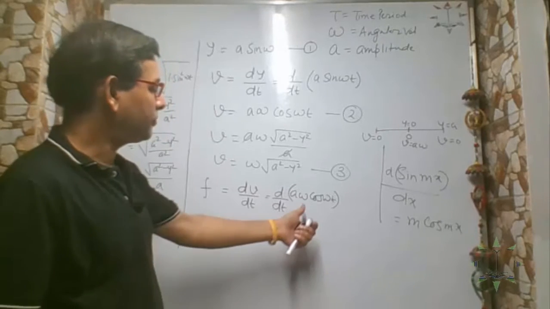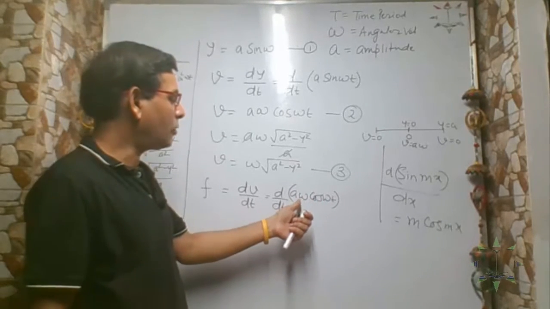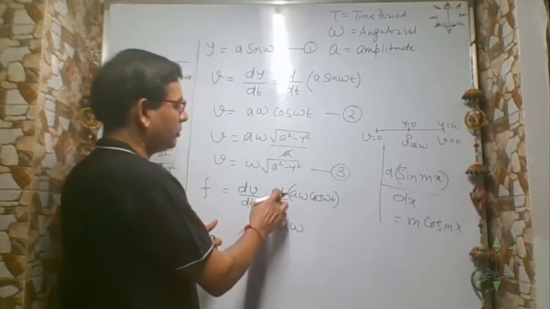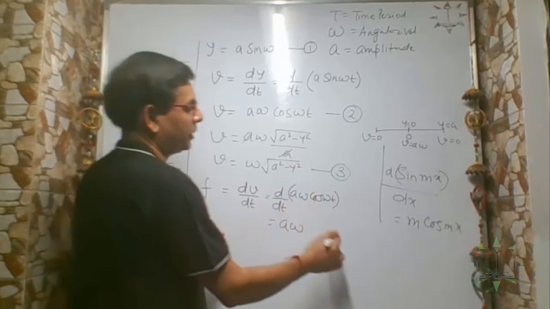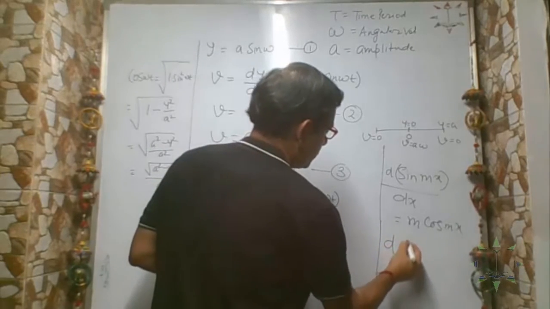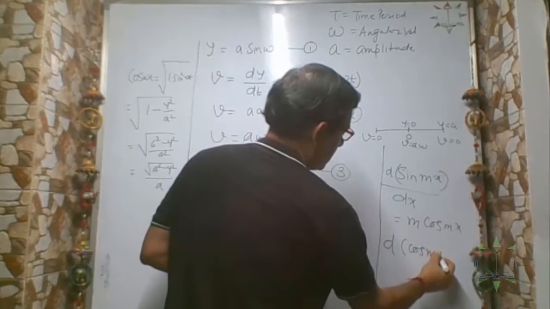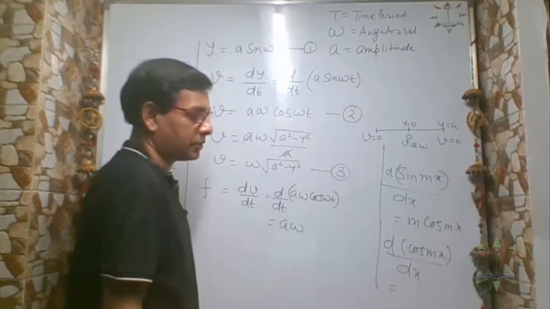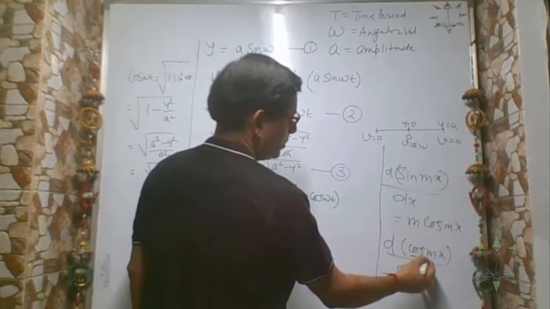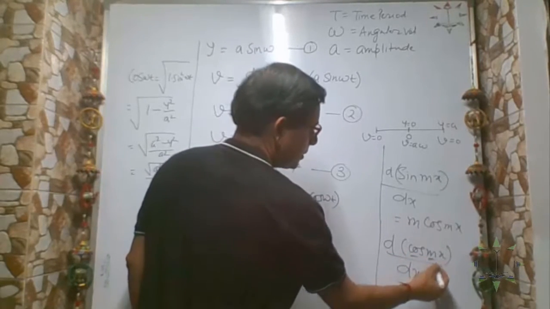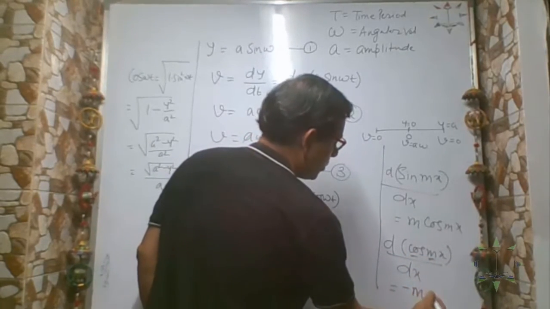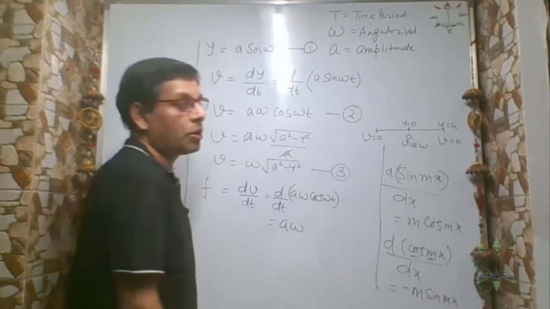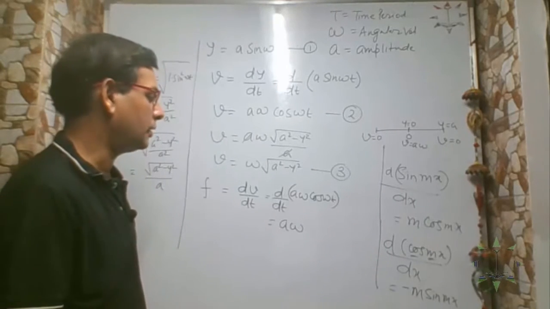Now we have to differentiate this part. A omega is constant, so it is not differentiated. Now the differentiation of cos omega t. You have to know a little bit of calculus. Differentiation of cos mx with respect to x comes with a negative sign, m is multiplied, and cos becomes sin. So the differentiation of cos mx is minus m sin mx.